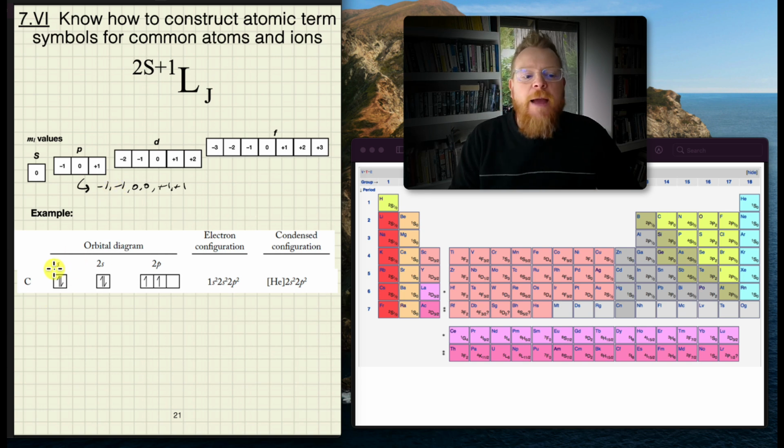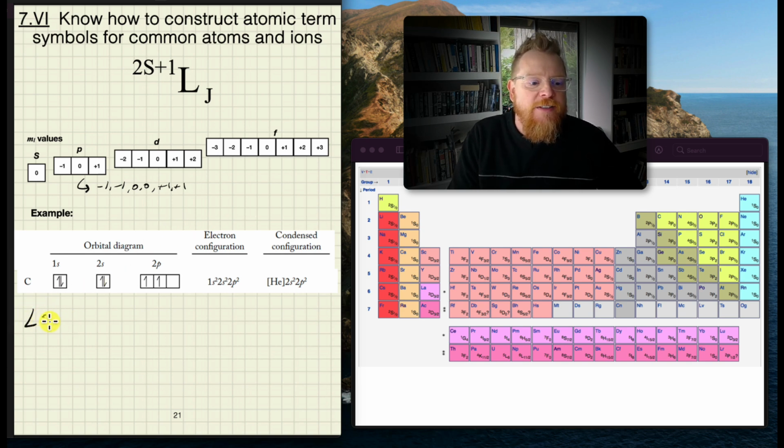For example, if I look at this carbon situation and we do the Clebsch-Gordan series, it says we add up all of the possible L values. You can see right away that in the case of the core electrons, those are all going to cancel out. So we're really only concerned with the valence electrons, but we'll do it all the same so you can see.